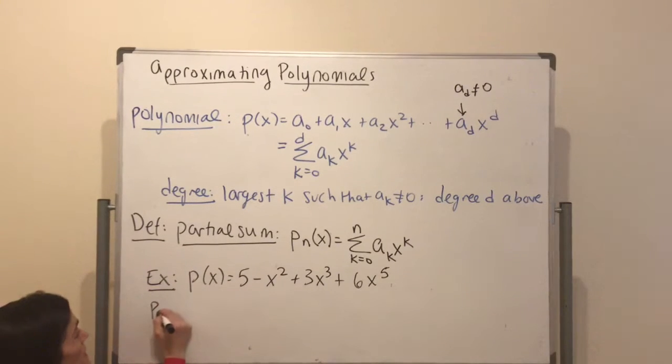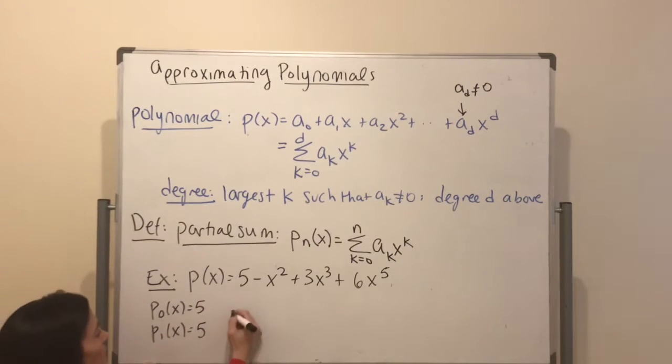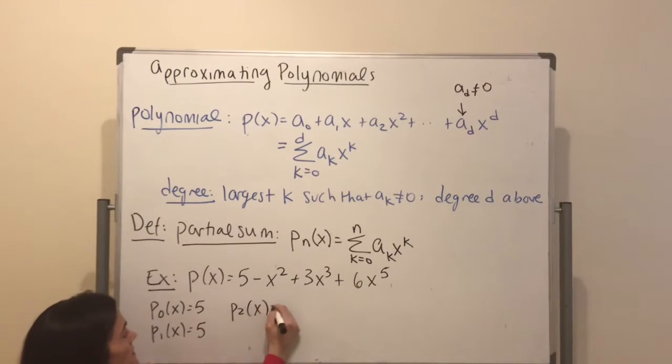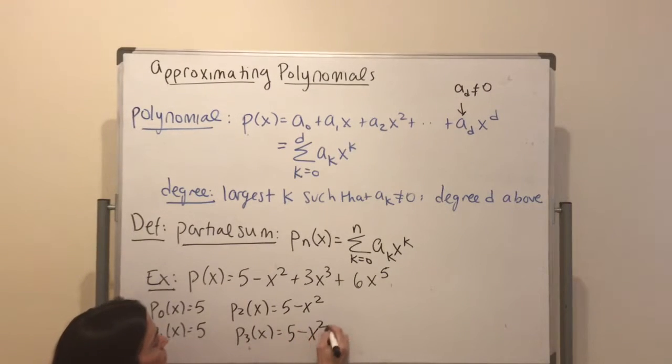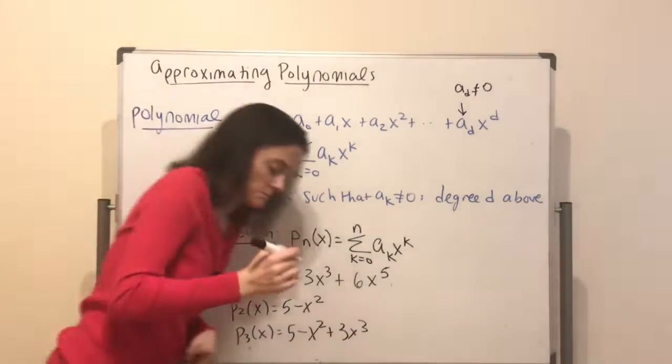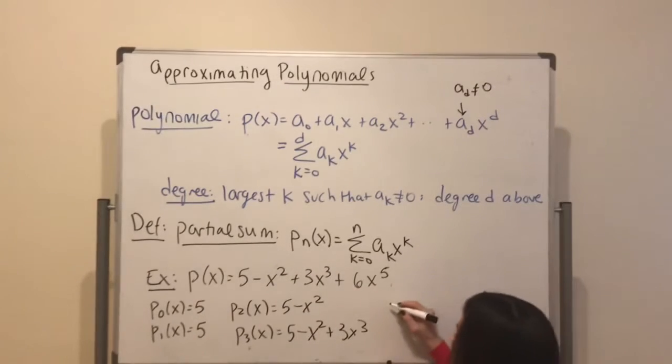We have p0 of x is just 5. p1 of x is also 5 because we have no x to the 1 power. p2 of x is 5 minus x squared. p3 of x is 5 minus x squared plus 3x cubed. And then we have two more, at least, that I'll write.